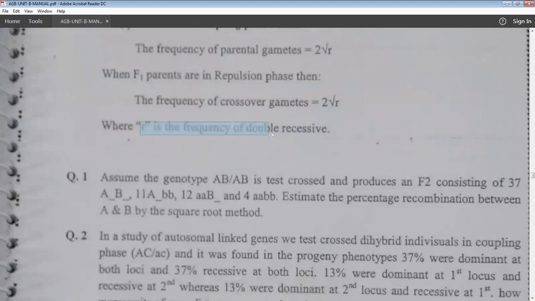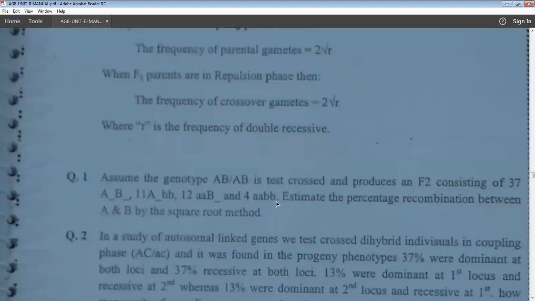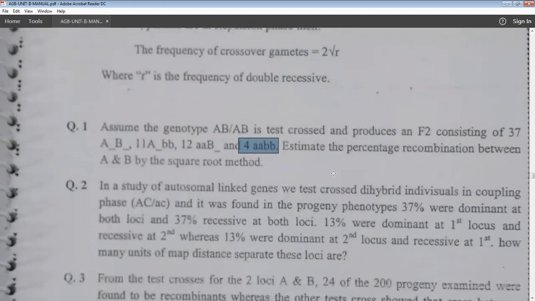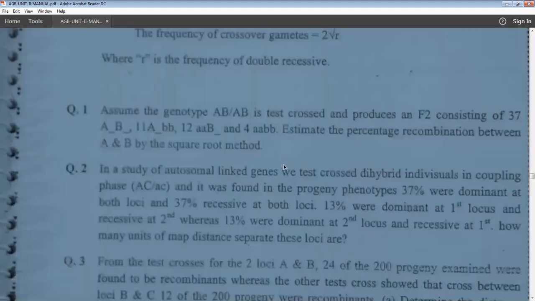R is the frequency of double recessive. R is this frequency, that is 4, so 2 multiplied by the square root of 2 is equal to 4. So the recombination percentage by the square root method will be 4.